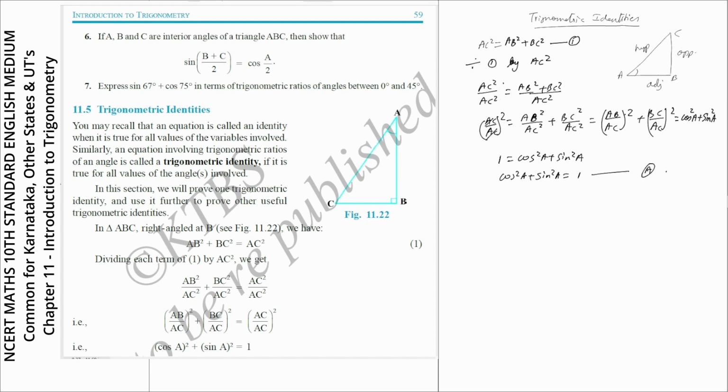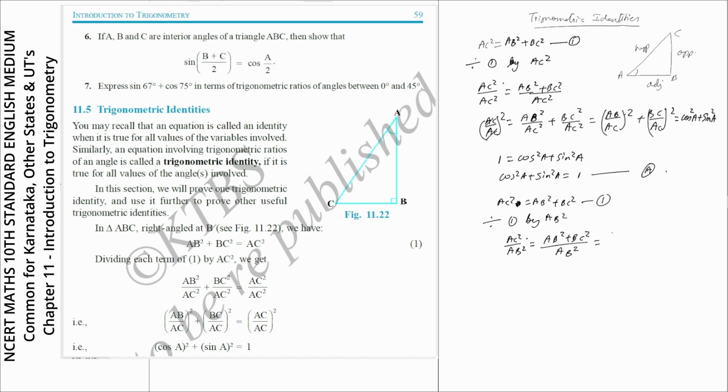Now similarly, I'll take equation 1, AC square is equal to AB square plus BC square. Now I'll divide throughout by AB square. If I divide by AB square, what will I get? AC square by AB square is equal to AB square plus BC square by AB square.